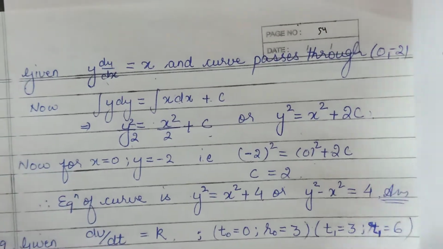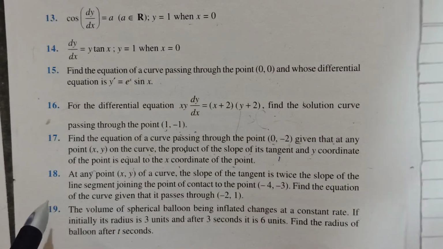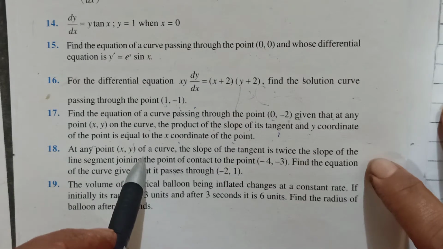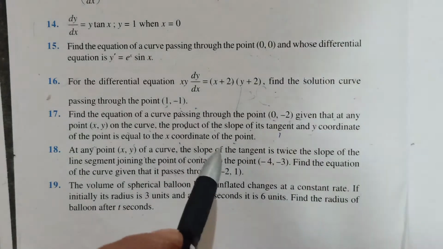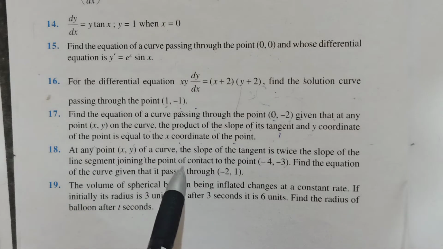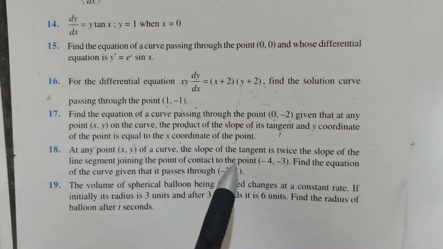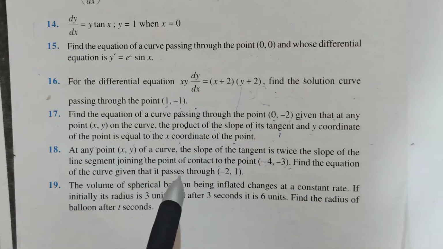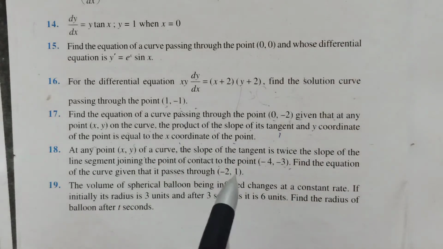So simple enough. Alright, next question is saying, at any point x comma y again of a curve, the slope of the tangent is twice the slope of line segment joining the point of contact to the point minus 4 comma minus 3. You have to find the equation of the curve given that it passes through minus 2 comma 1.